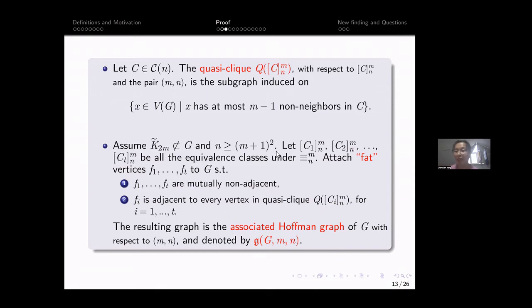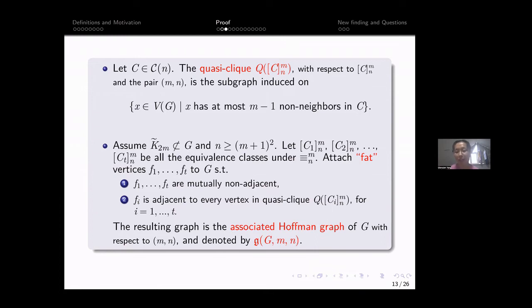we assume that under this equivalence relation, we have T different equivalence classes, and then we can add T special vertices, let's say F1, F2, up to Ft, to G, such that these T special vertices are pairwise non-adjacent, and the vertex Fi is adjacent to all of the vertices in the crazy clique QCI.